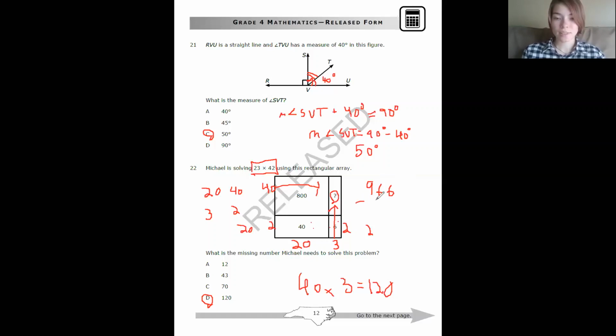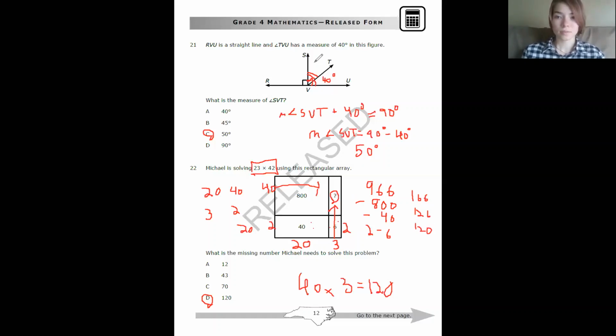If we subtract the other numbers here, we'd subtract 800, we'd subtract 40, and we'd subtract 6. 966 minus 800 is 166. 166 minus 40 is 126. And 126 minus 6 is 120. So you could also treat it as that kind of problem and solve for it that way.